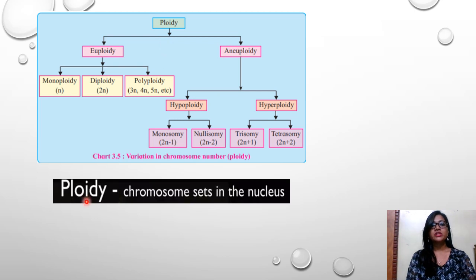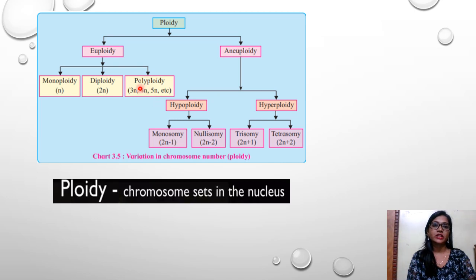Ploidy means chromosome sets in a nucleus, and these chromosome sets inside the nucleus are divided into two: euploidy or aneuploidy. Euploidy is a common concept. Monoploidy, diploidy or polyploidy means having n number of chromosomes (haploid), 2n (diploid), and 3n, 4n or 5n sets, or more than 5n sets of chromosomes.